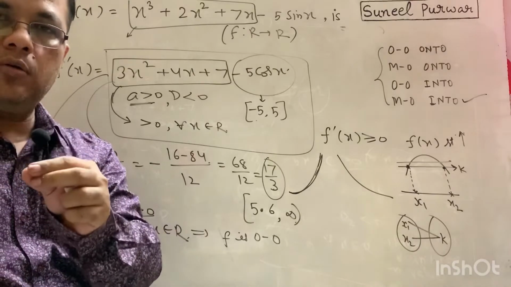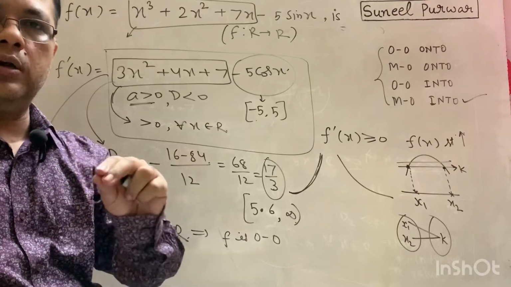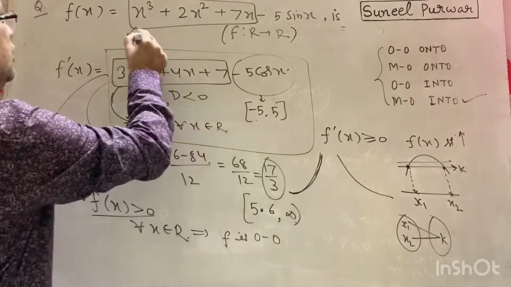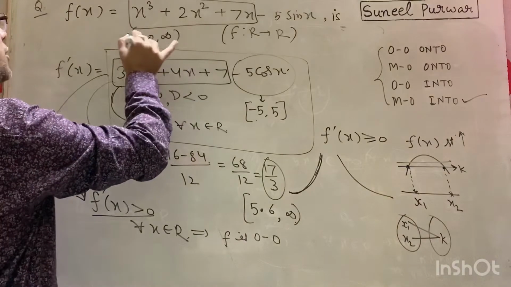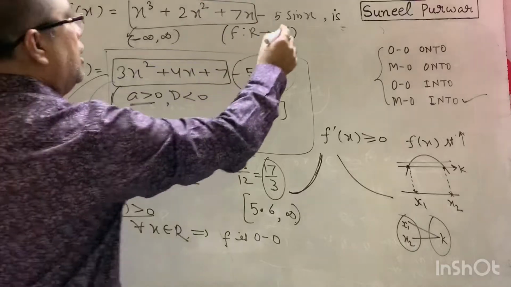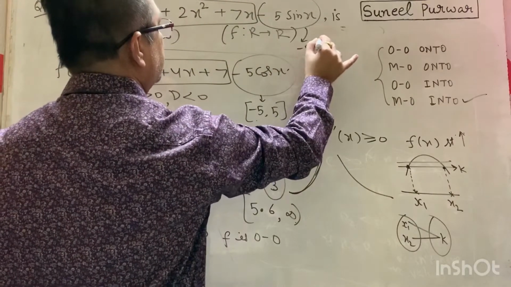So for x belonging to minus infinite to infinite, the range of any odd degree polynomial is always R. So this quadratic part ranges from minus infinite to infinite, and this portion ranges from minus 5 to 5.